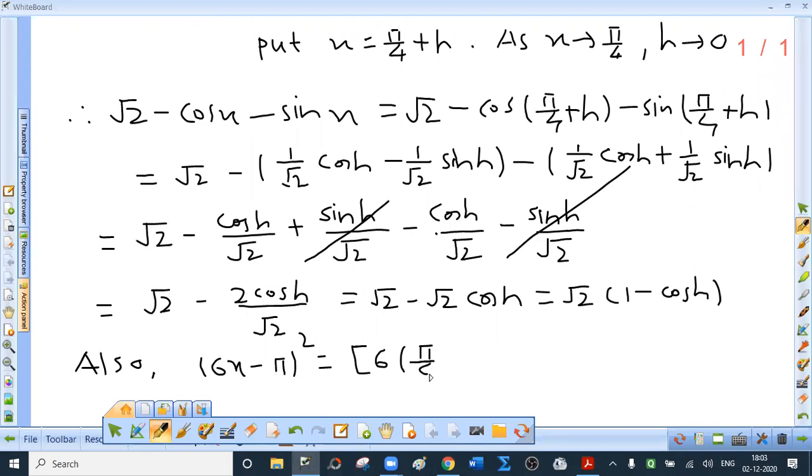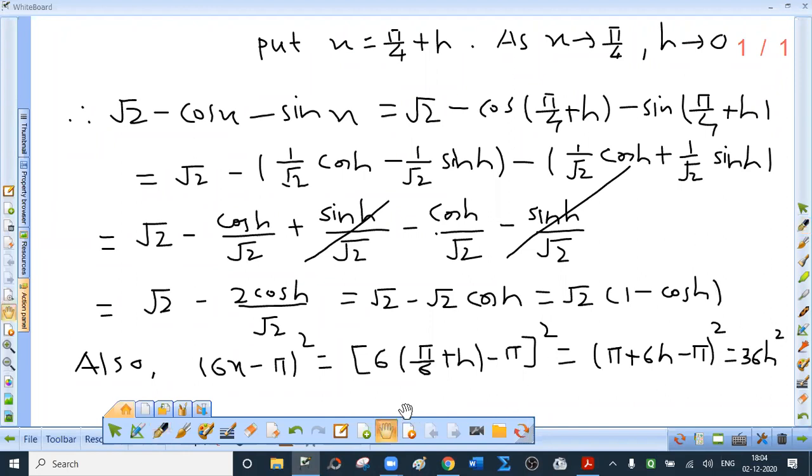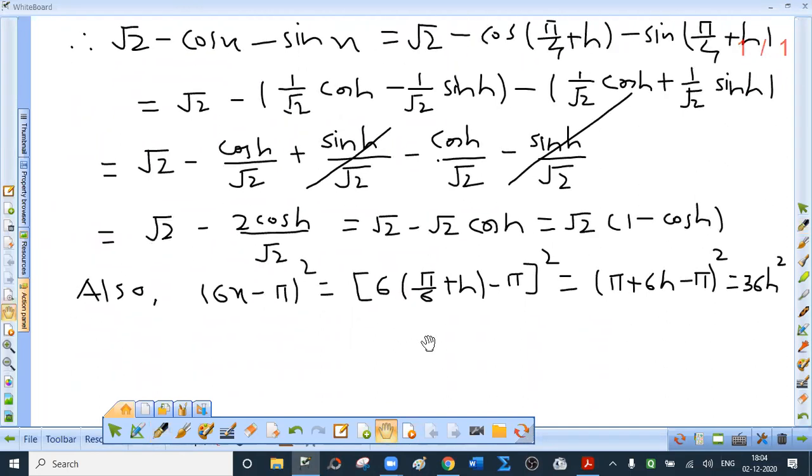Pi by 6 plus h, minus pi bracket square. So this is pi plus 6h minus pi bracket square. Pi gets cancelled. So this is 36 h square. Yes, 36 h square. That is the denominator.